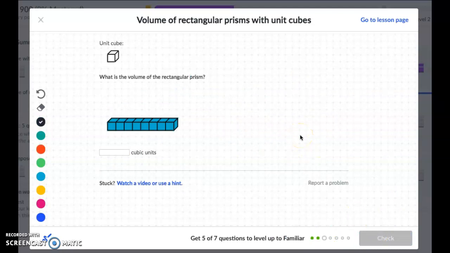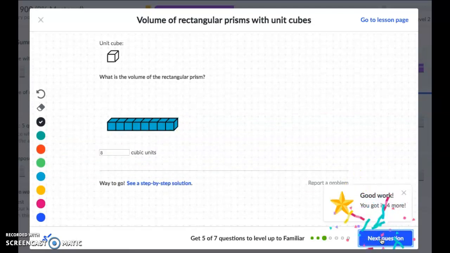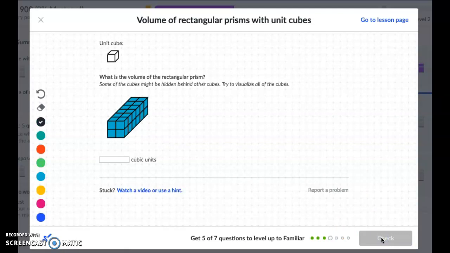What is the volume of the rectangular prism? Okay, so again, we're counting our cubes. 1, 2, 3, 4, 5, 6, 7, 8 cubes. Okay, so here, because we have more than just one row, that's when I like to go back and do that.